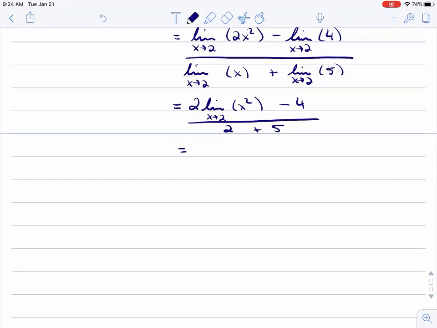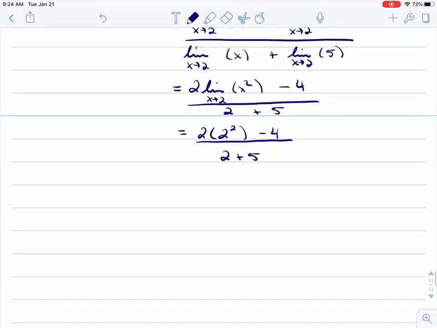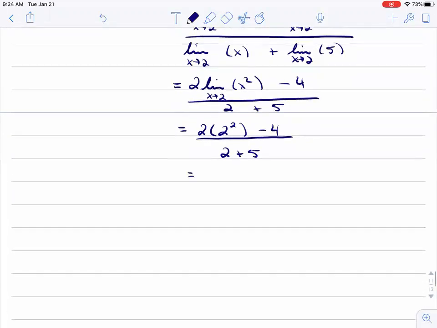X squared, we know there's no asymptotes, we know there's no discontinuities, and so it feels pretty safe to just plug in 2 as my x. And so I get 2 times 2 to the power of 2 minus 4 over 2 plus 5, which puts me at 2 times 4 is 8 minus 4 is 4 over 2 plus 5 is 7.